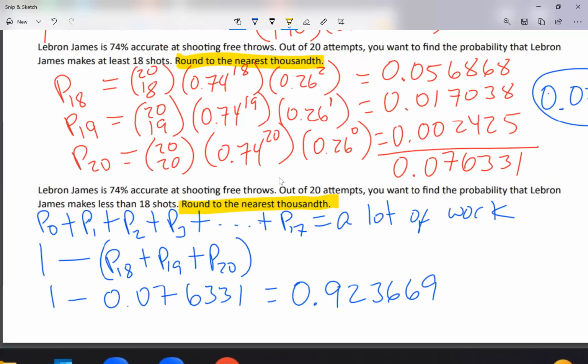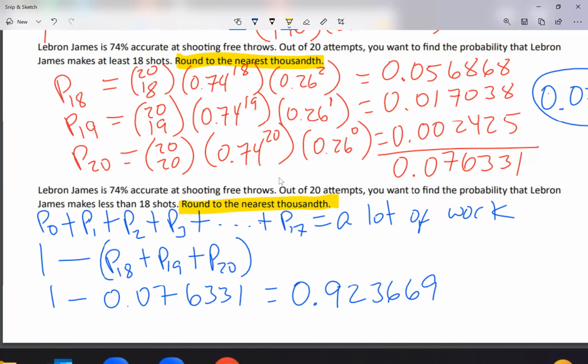But again, I see here it says round to the nearest thousandth. One thing I want to emphasize is that in my work, I was not rounding much. In my answer, that's when I rounded, to the nearest thousandth. I know thousandth is 3 decimal places because it sounds like the number 1,000, and I know 1,000 has 3 zeros.